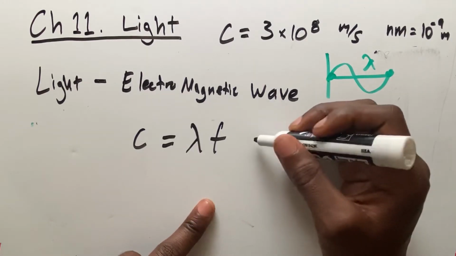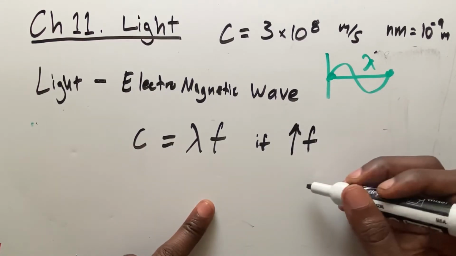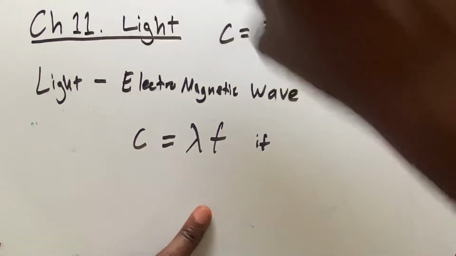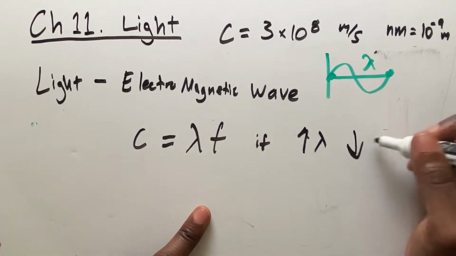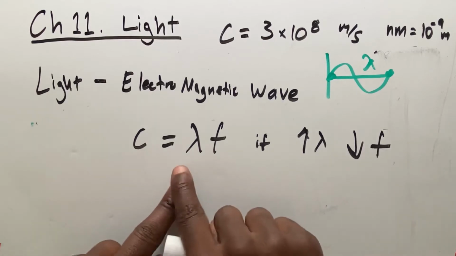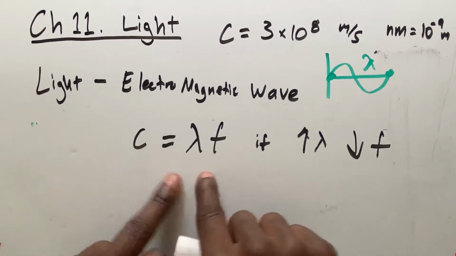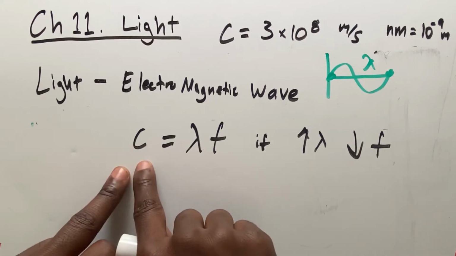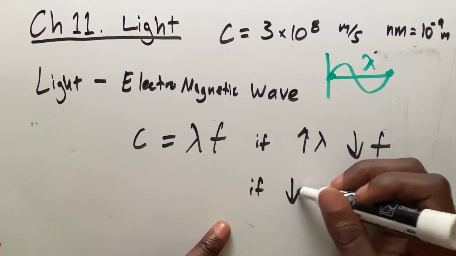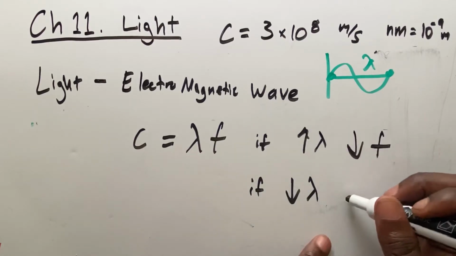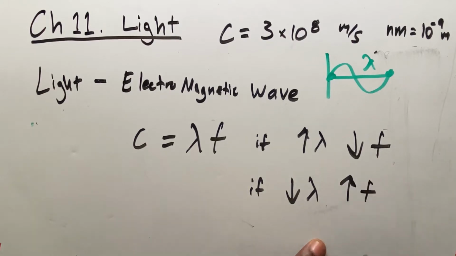So if the wavelength goes up, then the frequency has to go down, because if you increase the wavelength, the frequency has to decrease in order to balance out and keep that same speed. And vice versa, if the wavelength decreases, then the frequency must increase. Boom.